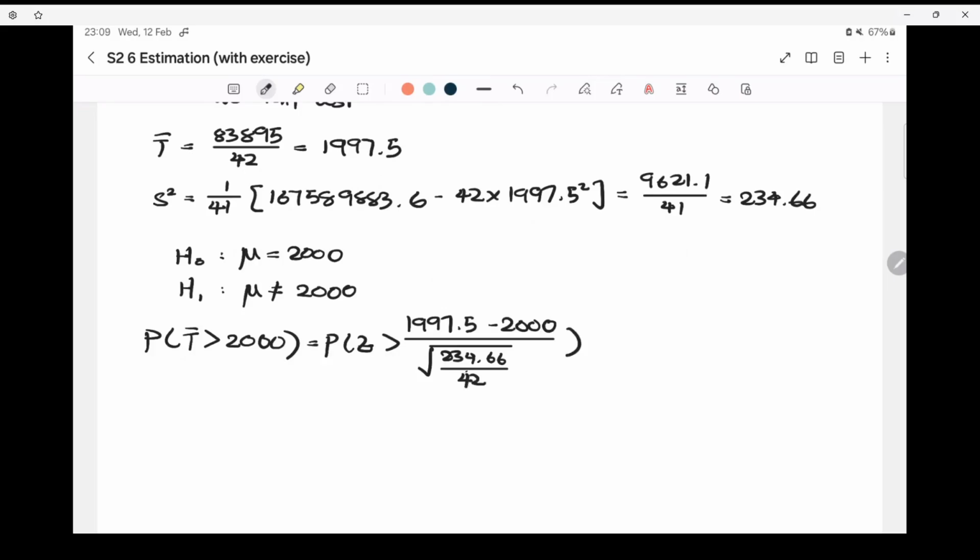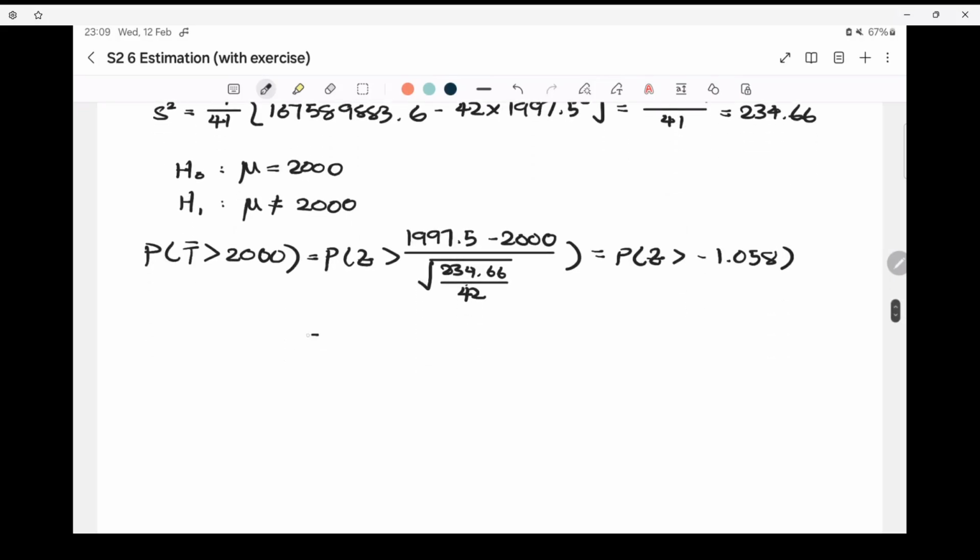Always remember that your standard deviation is really your sample standard deviation, not the population standard deviation. So in this case, you have P(Z greater than minus 1.058), or P(Z smaller than 1.058). You found that in the end this is 0.855, which is greater than 0.05. So for the right side, it seems like you should accept your H naught.